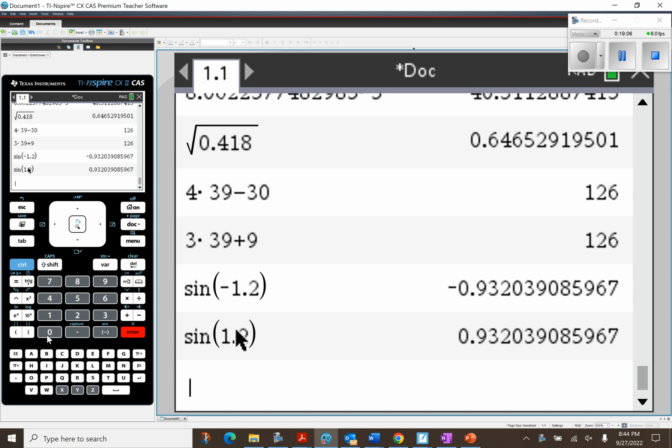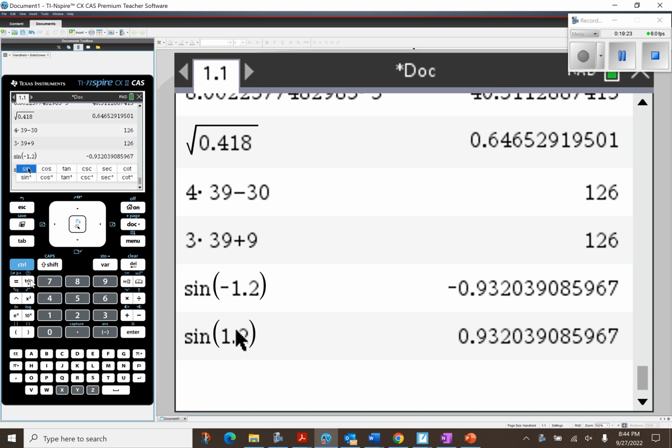Same decimal approximation, but for the positive angle it's positive, for the negative angle it's negative. Again, the negative 1.2 will put you down in quadrant 4. Sine in the fourth quadrant should be negative.